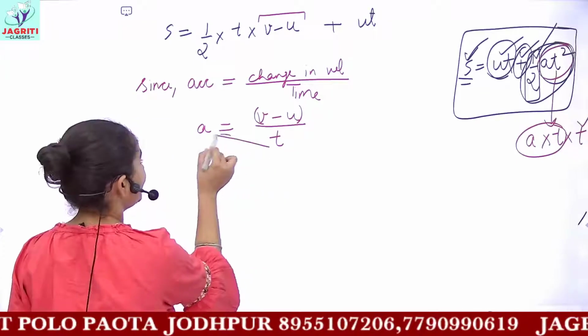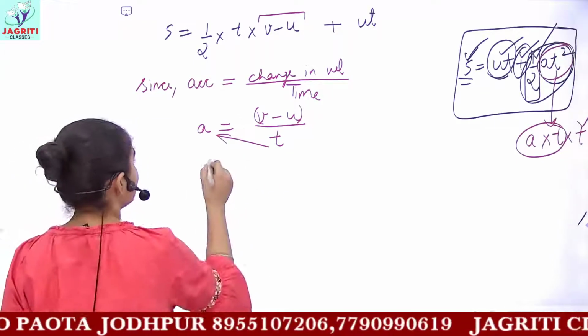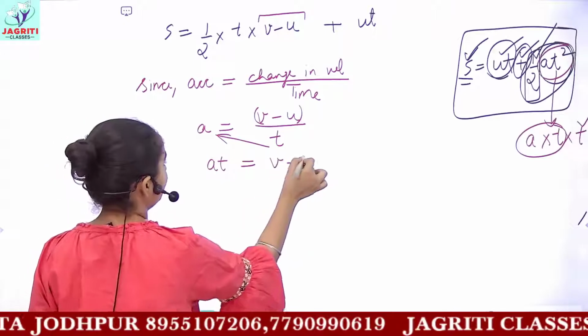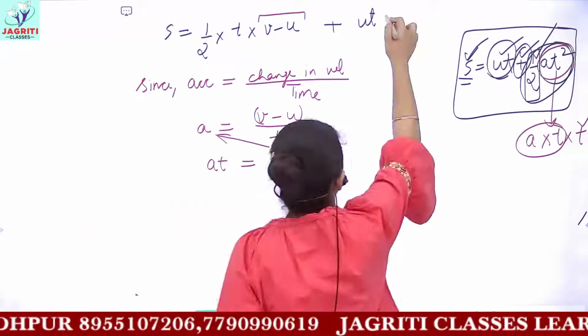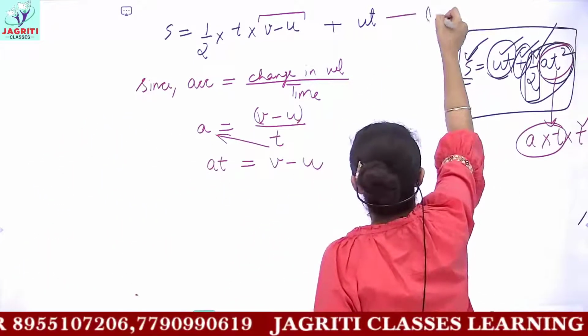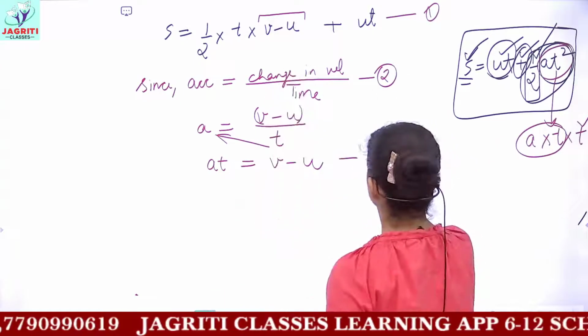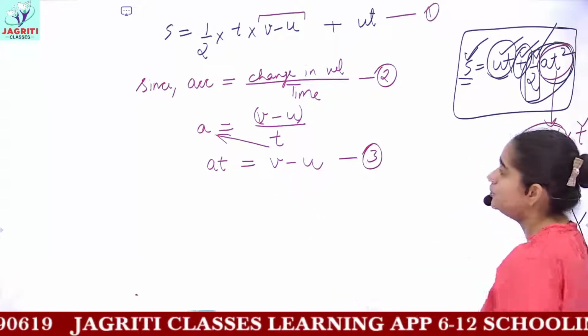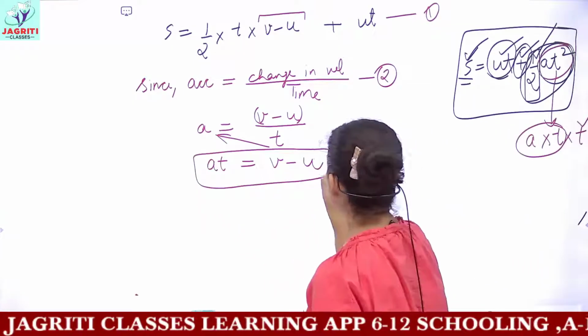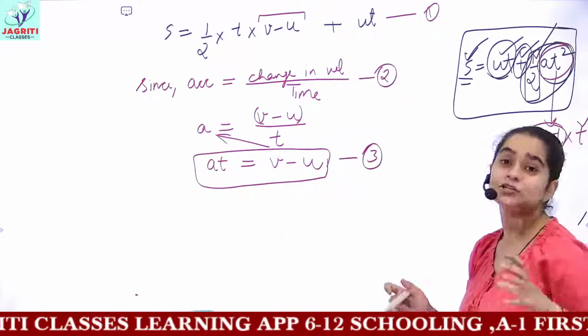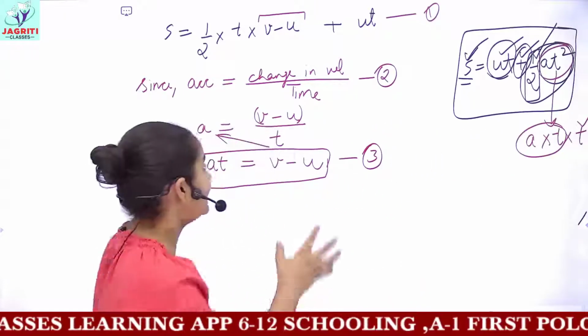I will shift my t to the left hand side, so I'll get at is equal to v minus u. Now if I name this equation to be equation 1, this would be equation 2, and from the second equation I found the value of v minus u, which is my third equation. Number the equations in derivations, it would be easier for you also to write the steps down.